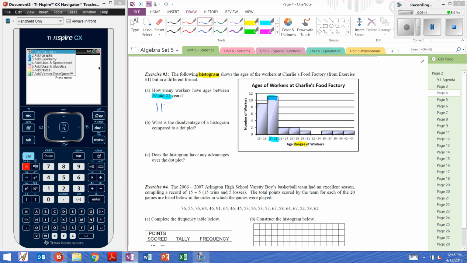Now B says, what is the disadvantage of a histogram compared to a dot plot? So the thing that I notice with this is that histograms don't show individual data points.